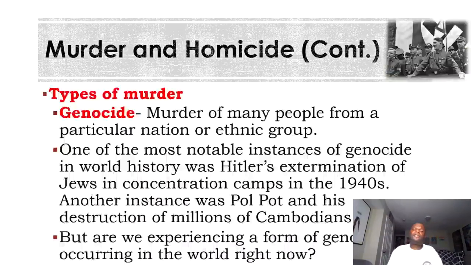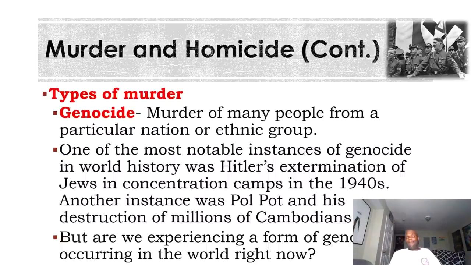One that's getting a lot of attention right now, especially with what's happening in the world, is genocide. And genocide is the murder of many people from a particular nation or ethnic group. Typically, they share a same ethnicity, nationality, religion, etc. So obviously the most notable instance of genocide in American and world history was Hitler's extermination of Jews in concentration camps in the late 1930s and 40s, which ultimately even though he was exterminating Jews, the United States didn't get involved in World War II until Pearl Harbor was bombed on December 7th.